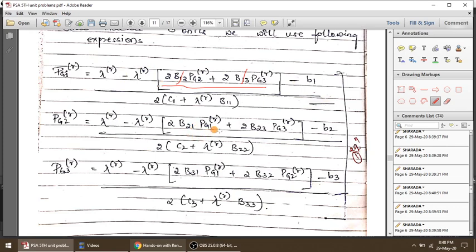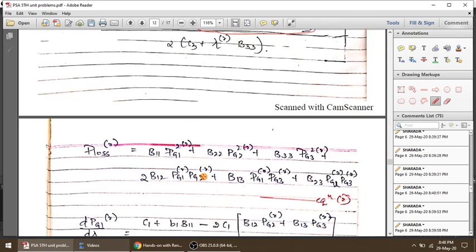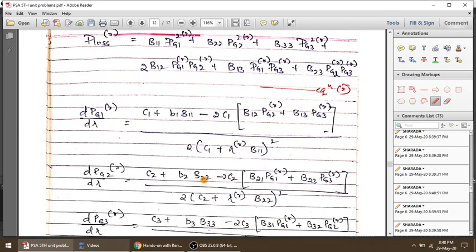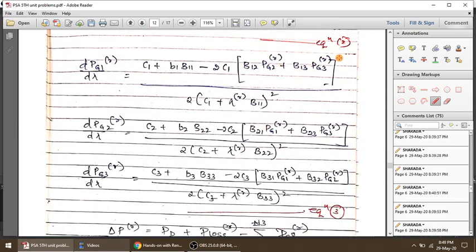Similarly here, B21 and B23 are 0, so this second term will be eliminated. Even here, the second term will be eliminated. So that is the reason why the 0th iteration calculation is not done. Similarly, these values are eliminated because they consist of products of off diagonal elements which are 0.